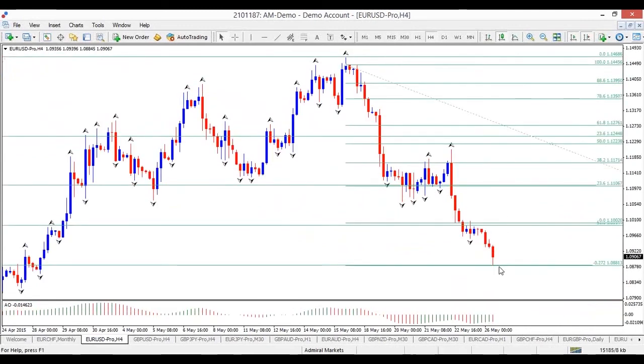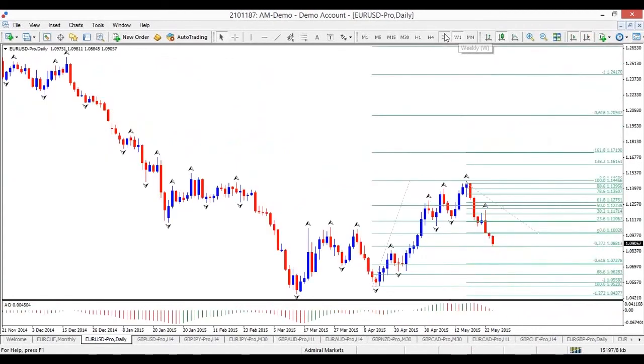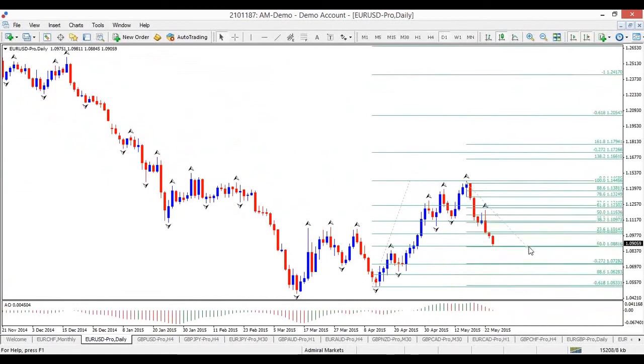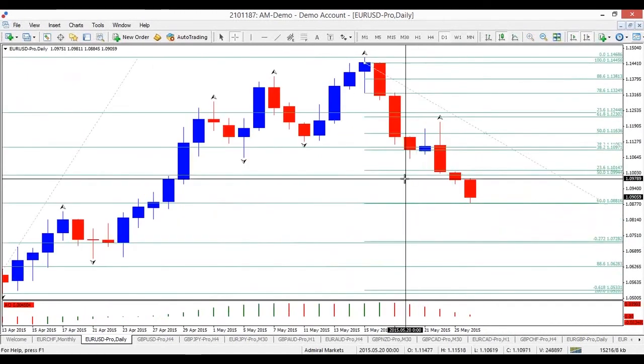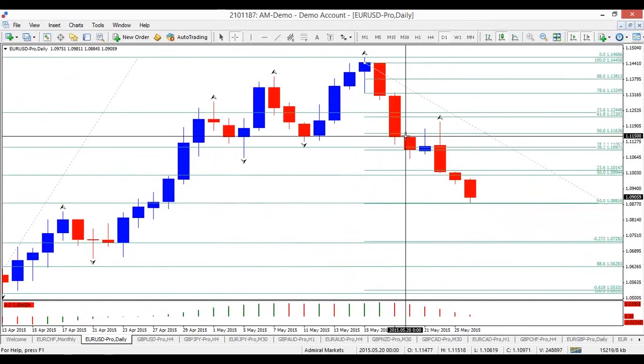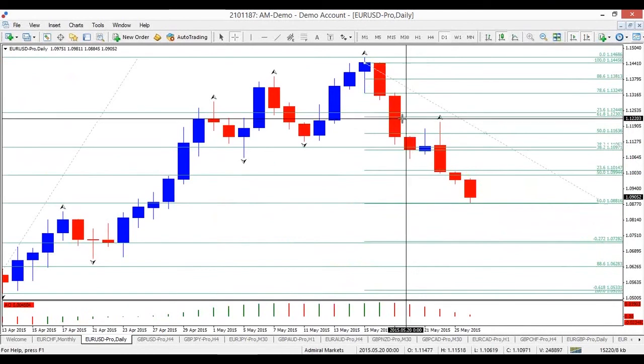So when looking at the 4-hour chart, the target for upside, let's see.